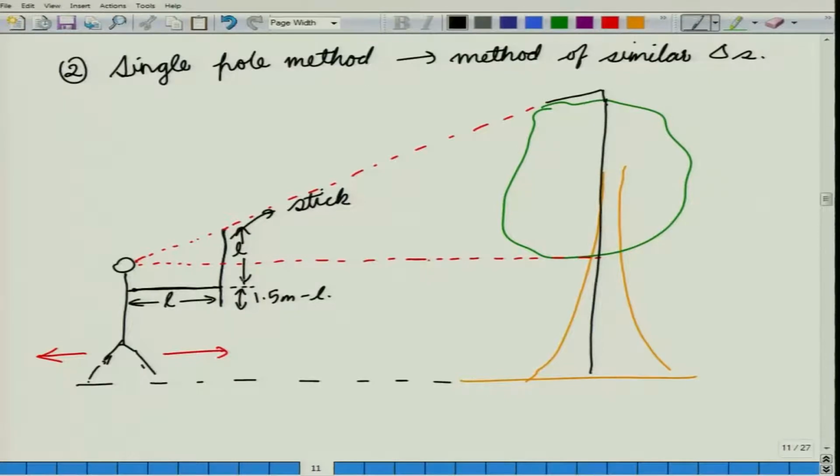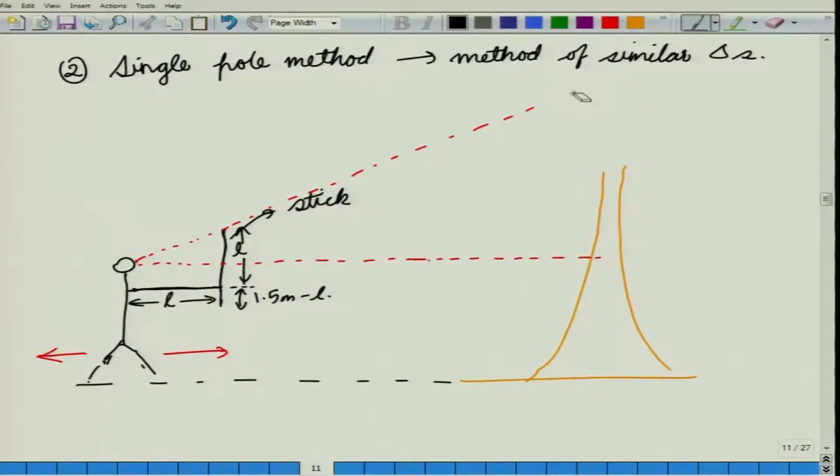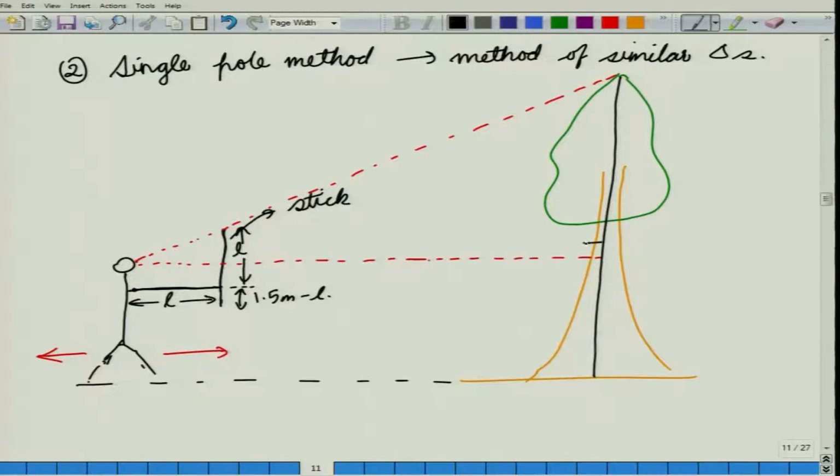So, in these, now let us take a vertical from here. Now consider these two triangles. The first triangle is this ABC, and the second triangle is this D, E and F.